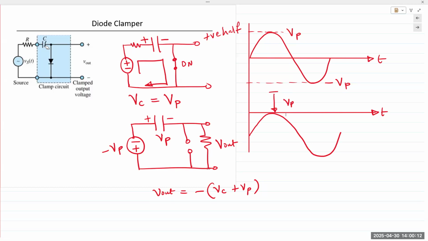If we flip the direction of the diode, we get a positive clamper, meaning it's clamped up, because the capacitor charges in the opposite direction. And that's clippers and clamper circuits, two of the diode wave shaping circuits.